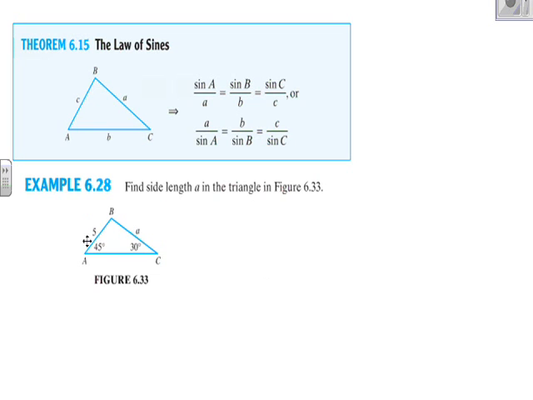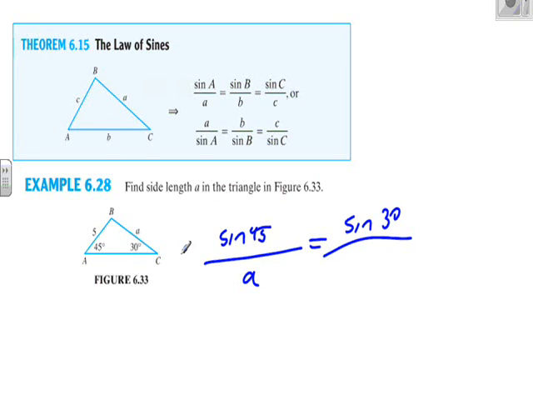So we are going to take sine of the angle over the side. So we have sine of 45 over the side length that's opposite, a, equals sine of 30 over the side that's opposite, 5. So to solve this, sine of 45 is square root of 2 over 2.